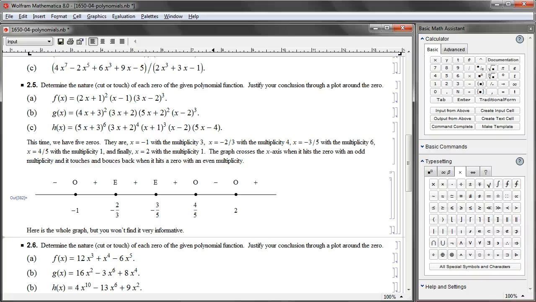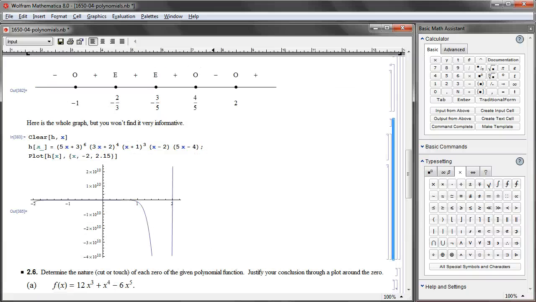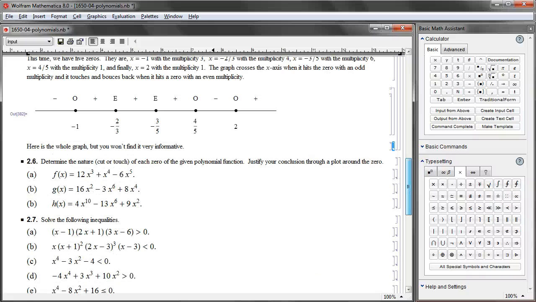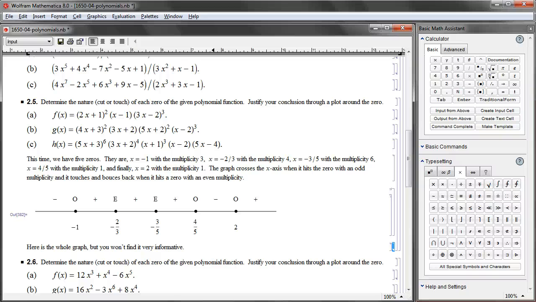I just gave you this diagram and a graph of the original function, which is not telling you too much. It's not really informative, and it is designed that way. You cannot just use your calculator and read through and answer the question. You really have to use your critical thinking skill to zoom in toward the local behavior of the polynomial functions around the zeros.